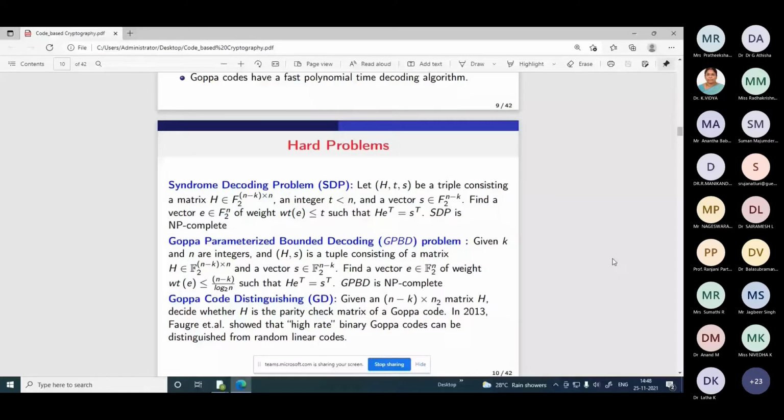There are a very few, handful of hard problems, and the crypto systems are built on them. Similarly, a code-based crypto system lies on the syndrome decoding problem. Even if you change the code, Goppa code, you can use any other code, but it is based on the syndrome decoding problem only, right?